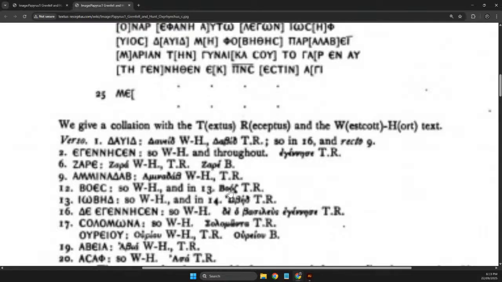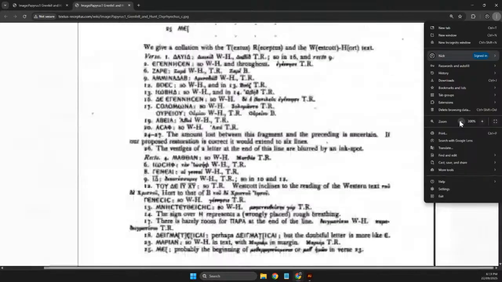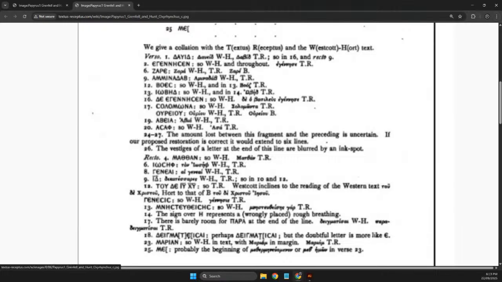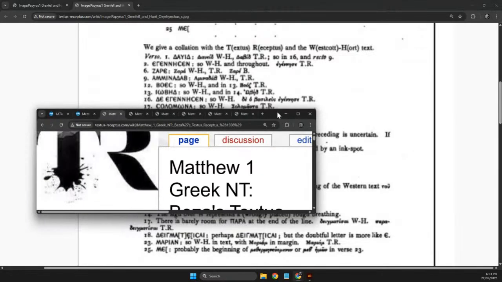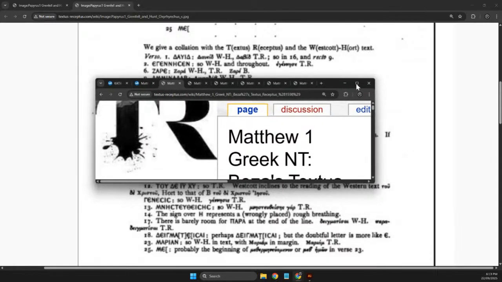Actually, I think I might make that a little bit smaller because it's gone a bit blurry. Okay, so yeah, the TR I'm pretty sure is Booz, like B-O-O-Z. Let's have a look.